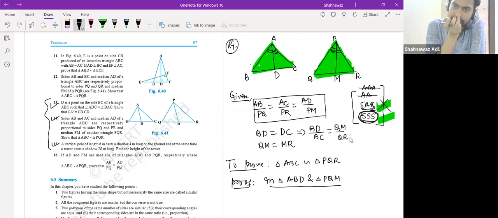BD by BC equals QM by QR. What do we get from this? BD by QM is also equal to BC by QR.